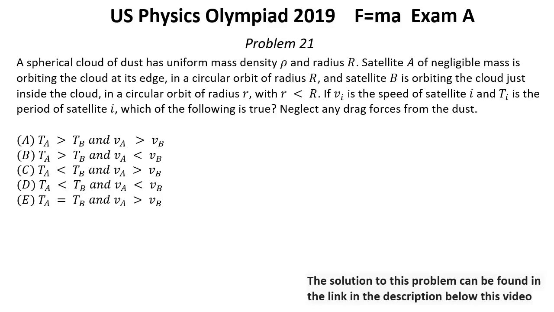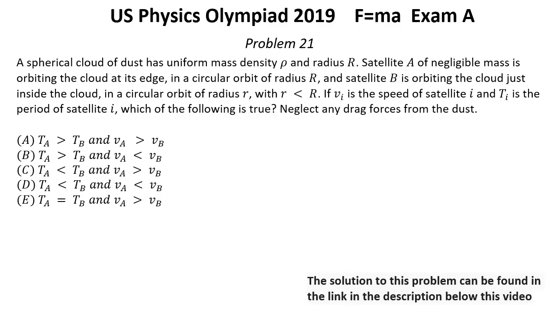If we have a satellite rotating inside a spherical cloud at radius r, the centripetal force must be equal to the force of gravity from the dust inside this sphere, and the outside cloud is not affecting this satellite.